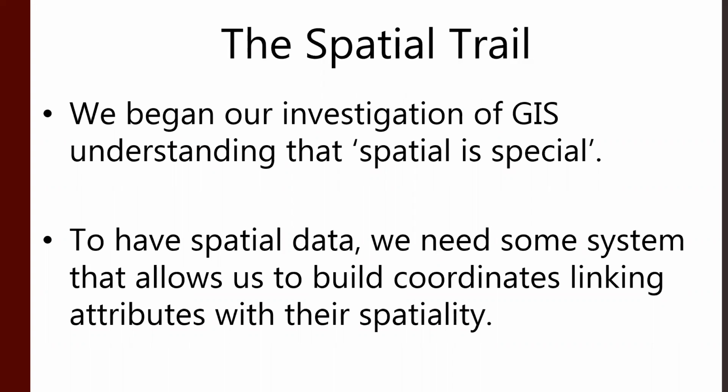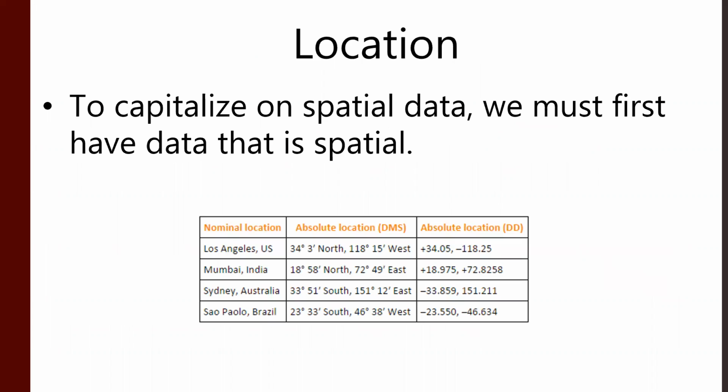When we have spatial data, we need to have this system, this underlying linkage between coordinates, between attributes, and that underlying spatiality. Remember, anything can be in a GIS if you have attributes, spatial information, and a way to link them. But we have to have spatial information that we can all agree on how to use.